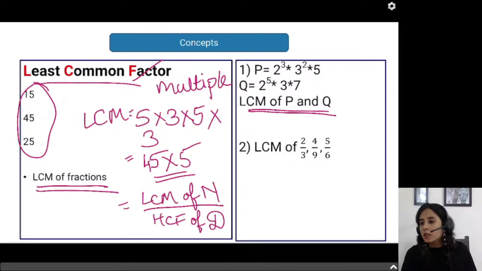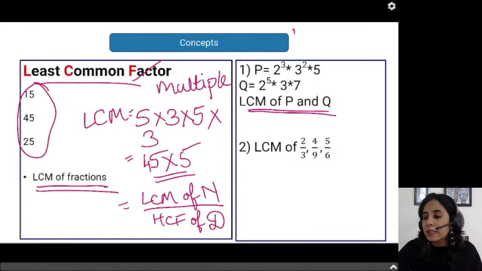I think Vipin is talking about the HCF and not the LCM. Vipin, read the question properly. It is asking LCM and not HCF. Amit is saying 1080. Okay, I'll just solve this for you.